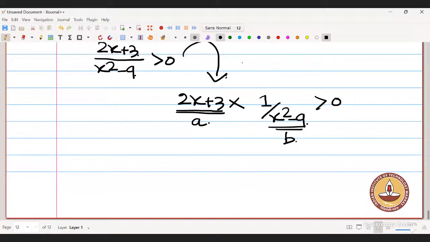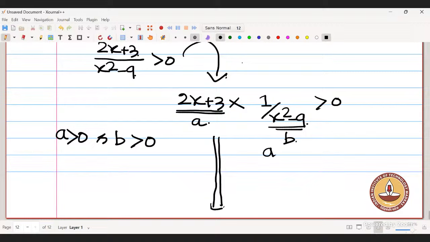Both are positive, A and B greater than 0, or both are negative. That is what I have taken, two cases. One is this one, another one is this one, right? Yes, sir.